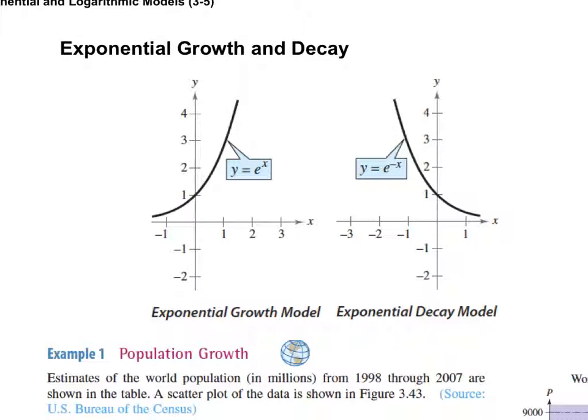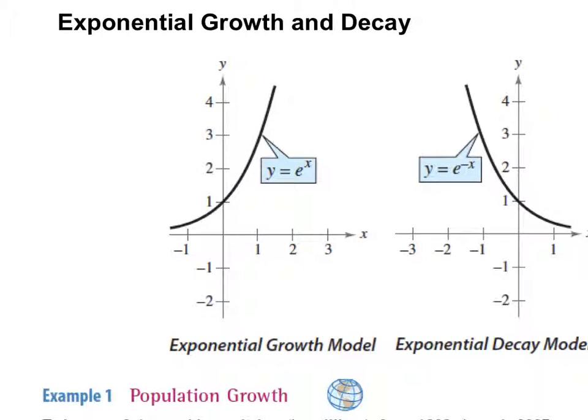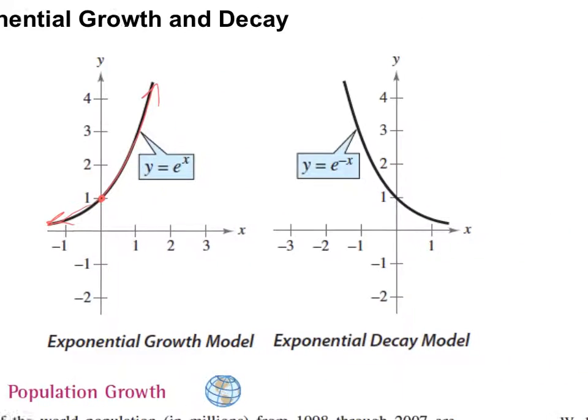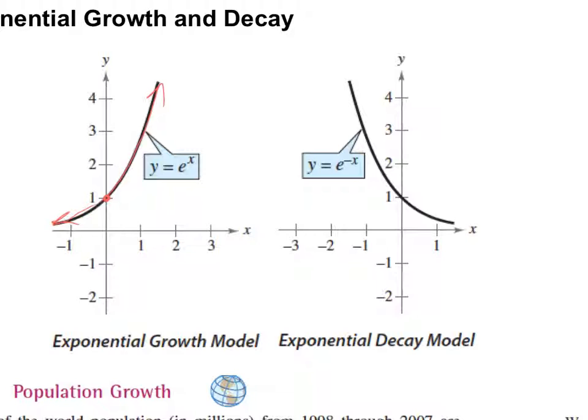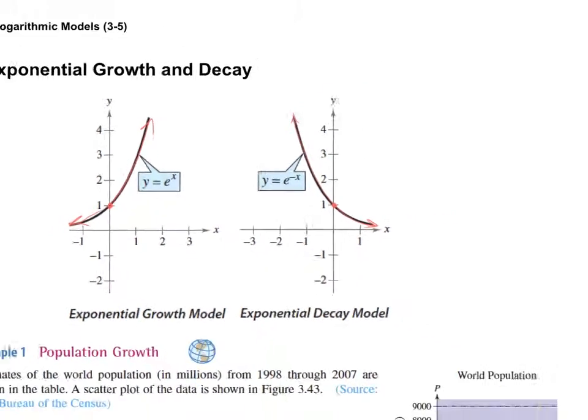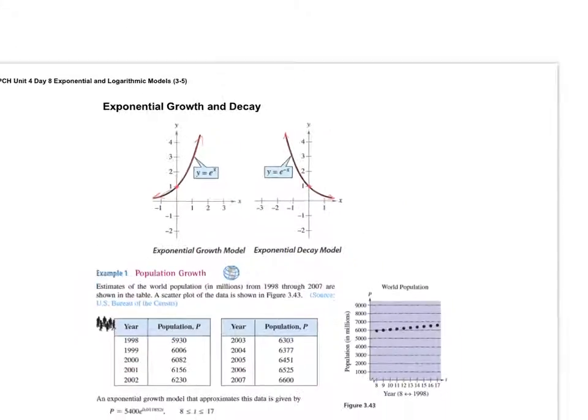Yes, remember making x negative reflects our graph across the y-axis. That's why here we're crossing at 0, 1 and it's increasing. That's our growth. But over here we have now reflected that across the y-axis. So we're still hitting at 0, 1, but now it's decreasing. So that's what that looks like.